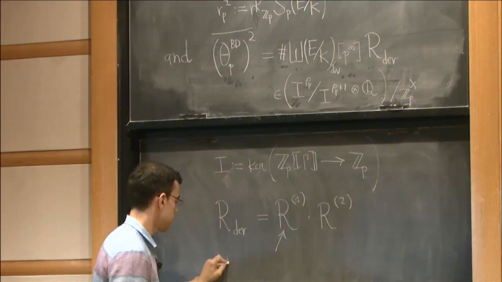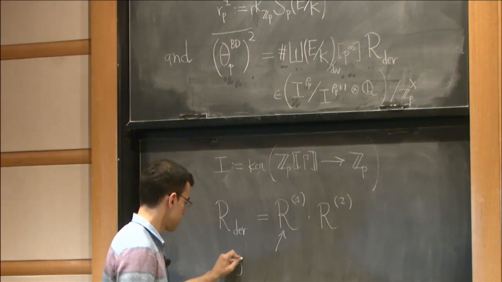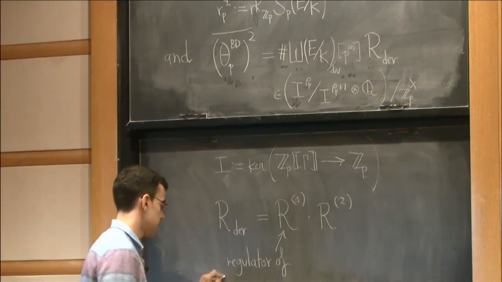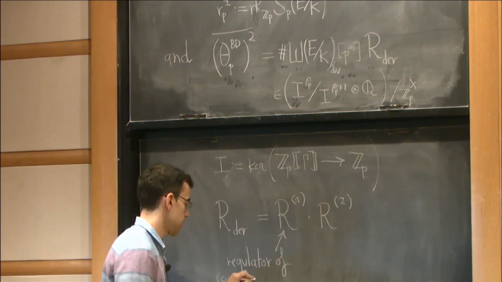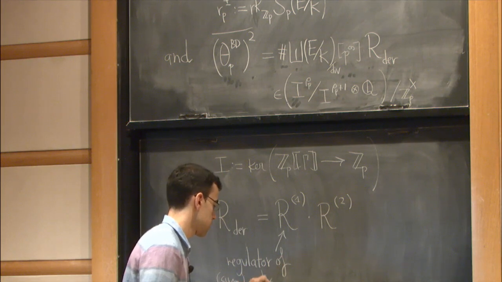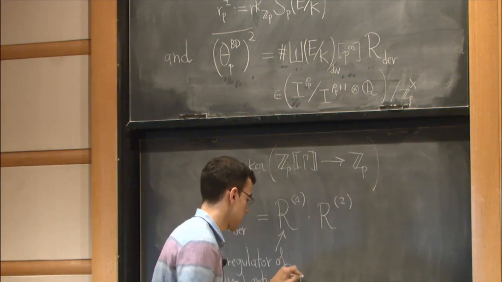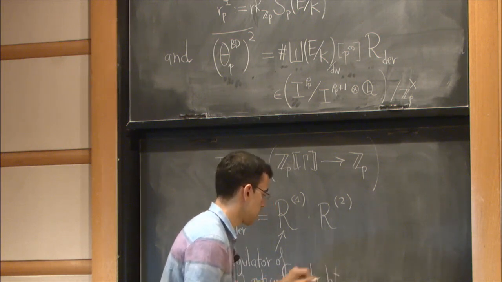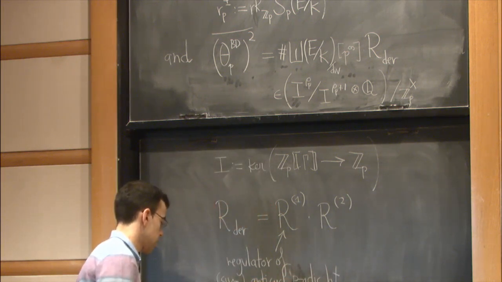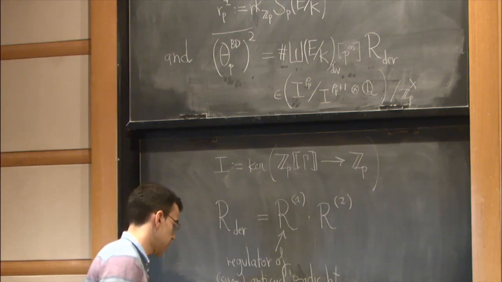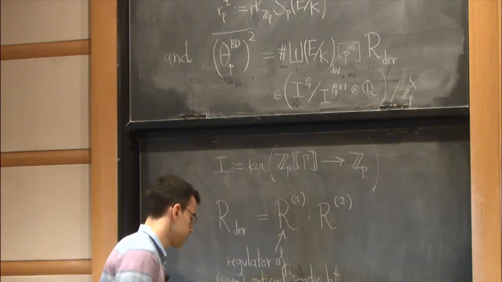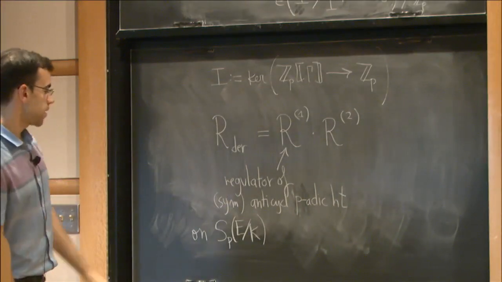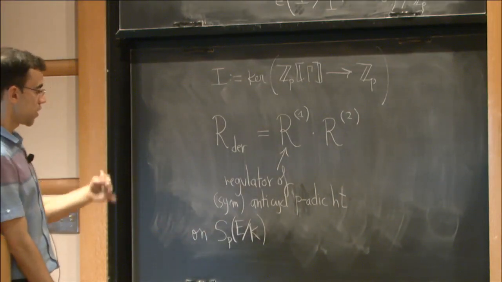And R1 is a regulator of a symmetric anticyclotomic p-adic height on this Sp E over K. But actually, as I'll be indicating in a second, this anticyclotomic p-adic height has some degeneracies.